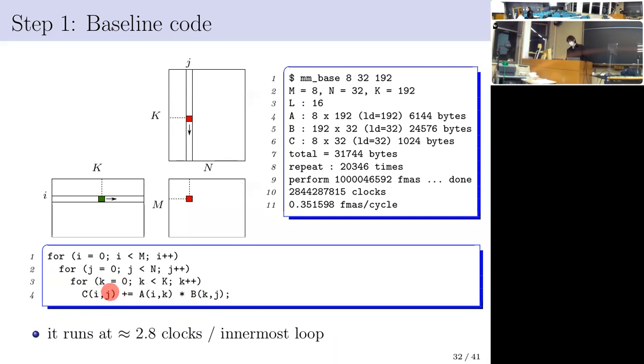And the problem of this code is, like the one I have been using in the beginning when I talk about this ILP thing, all the iterations of this innermost loop update the same element of C, right? So no matter how you optimize this innermost loop, the fact remains that it is updating only a single variable.